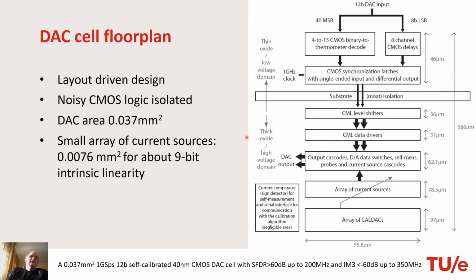Then this is the floor plan of the whole DAC cell. Here is the digital part. Up to here we have the thin oxide digital transistors at 1 volt, and we have very good isolation between the analog part and the digital part.